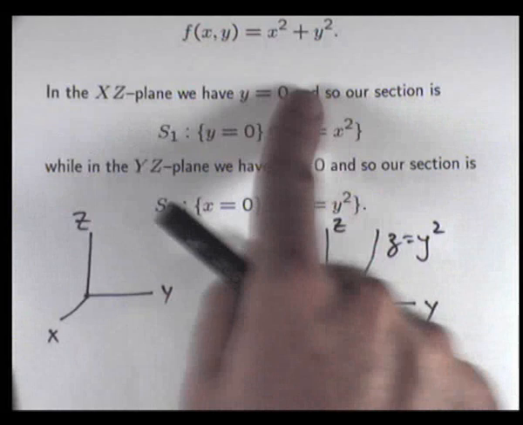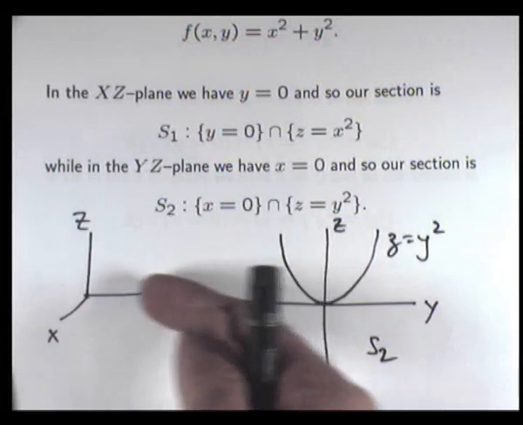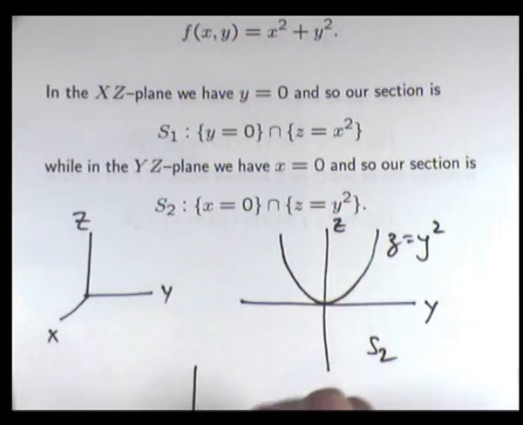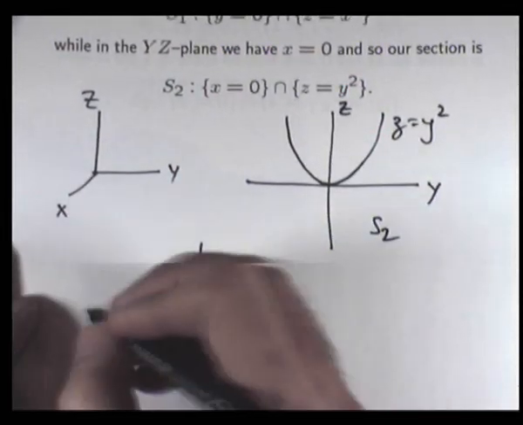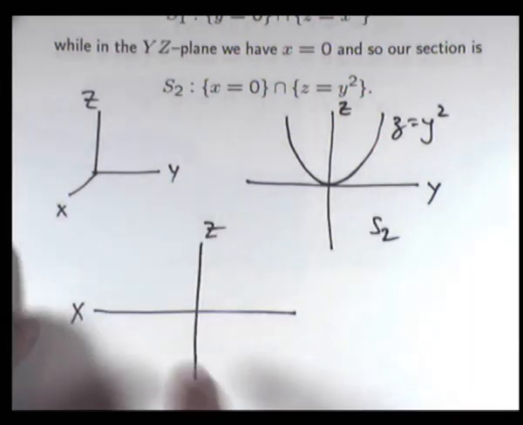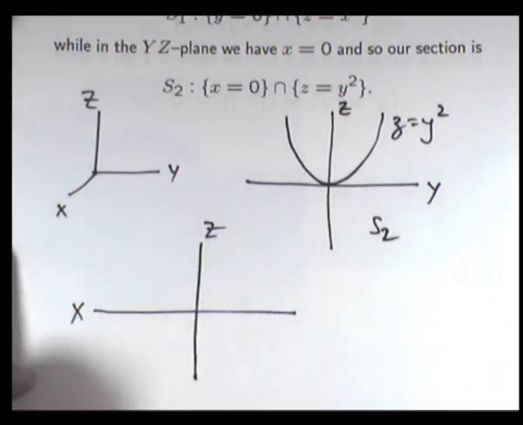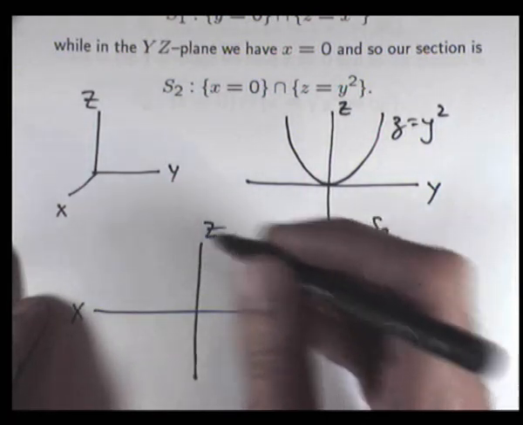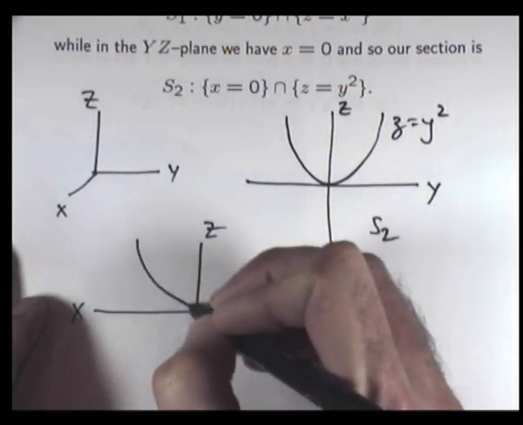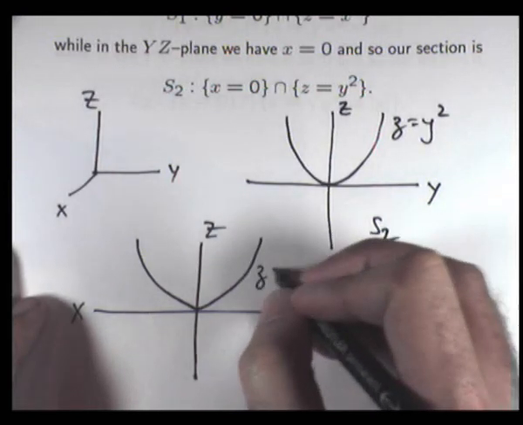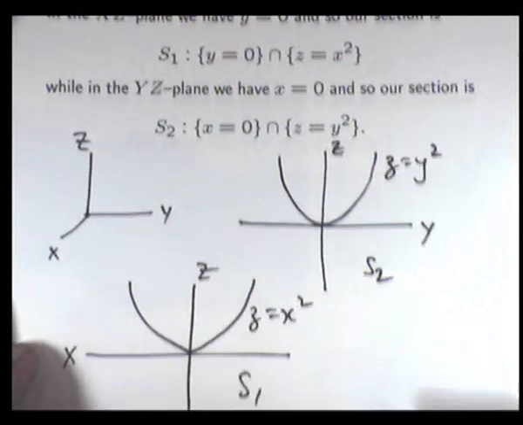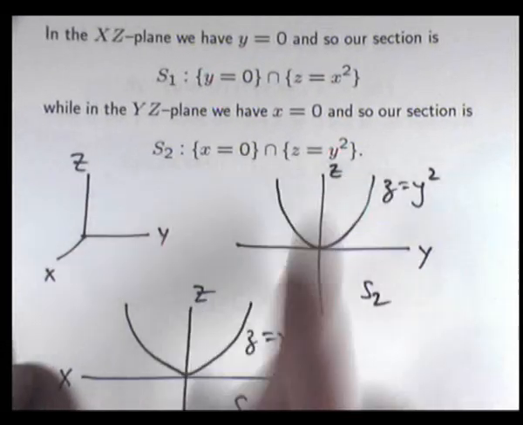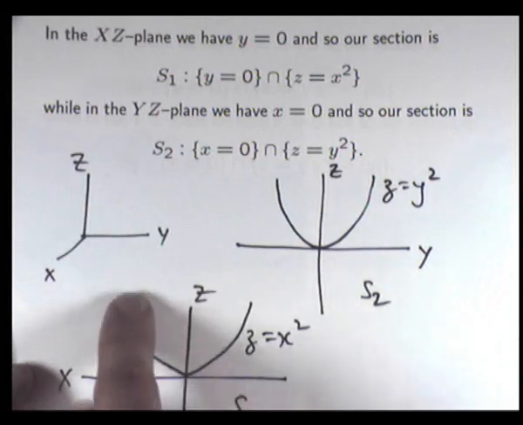Now for S1, imagine we're looking down the y-axis. I'm going to redraw it. In this case, the positive x-axis is there and the positive z-axis is there. Again, I've got a parabola, z equals x squared. So this is our section S2, and this is our section S1.